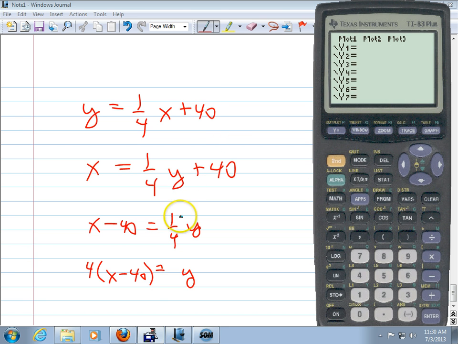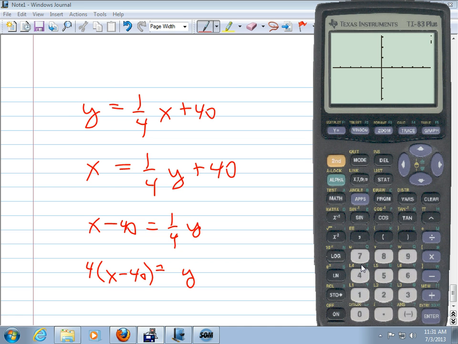So if this was f, and this was f inverse, right? So how about 0.25 x plus 40? And 4 times x minus 40. And I don't know, is the zoom 4 okay for this? I like zoom 4 if I can use it.